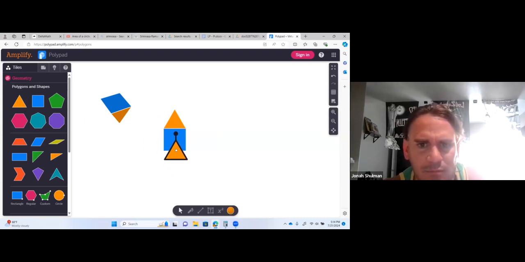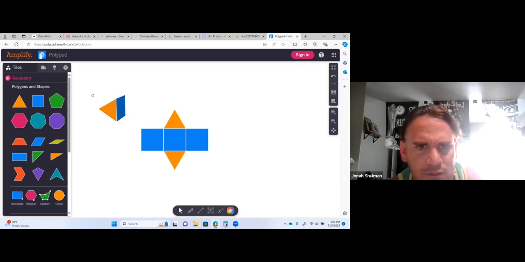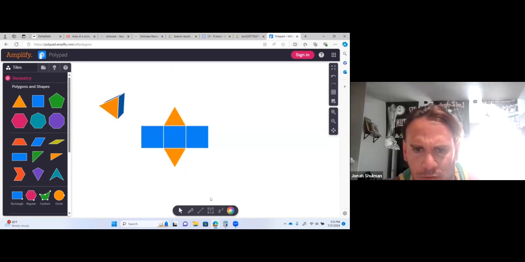Notice that they all kind of snap in. All right, so there's one, and this is it full. So let's cut this thing. Drawing tools. Where's my cut? Oh, we had a cut function.